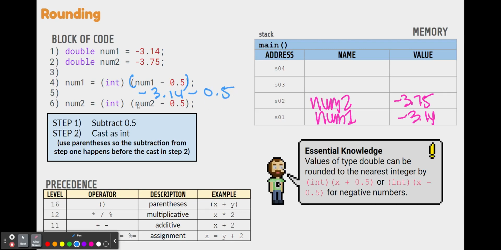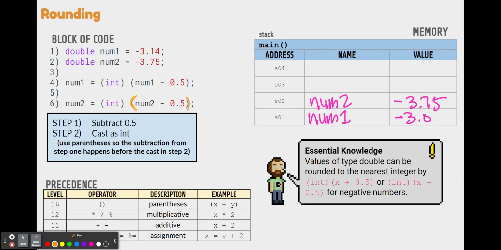So a negative minus a negative, that's going to be negative 3.64. And then we're going to cast that as an int. We're going to get our negative 3. Now we're going to try to take that negative 3 and put it back into num1. Java is going to turn that into negative 3.0.